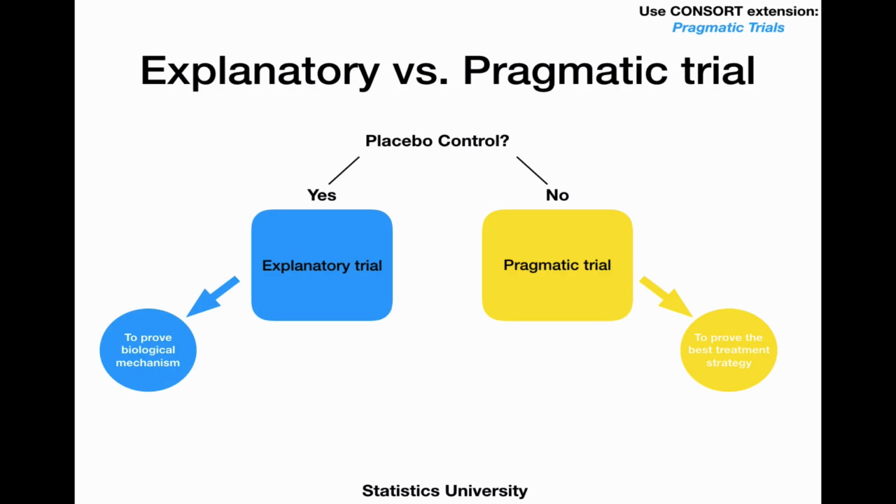Now, blinding and using a placebo control are related but not the same. So in explanatory trials where we use a placebo to prove biological mechanism, and by the way, in surgery that's called a sham study, at least the patient is always blinded. And most of the time the treating physician is also blinded. But of course, in surgery, the operator still needs to know which procedure to perform.